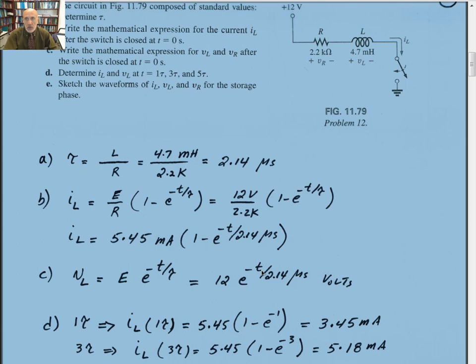And it will exponentially go to 0 after 5 time constants, so it'll be 12 e to the minus t divided by 2.14 microseconds. The voltage across R will be exactly identical to the current. You just multiply by 2.2 K to give you the voltage. It'd be exactly the same waveform, except you have a 2.2 K multiplier. So if you multiply that, it's about 11 volts or so.